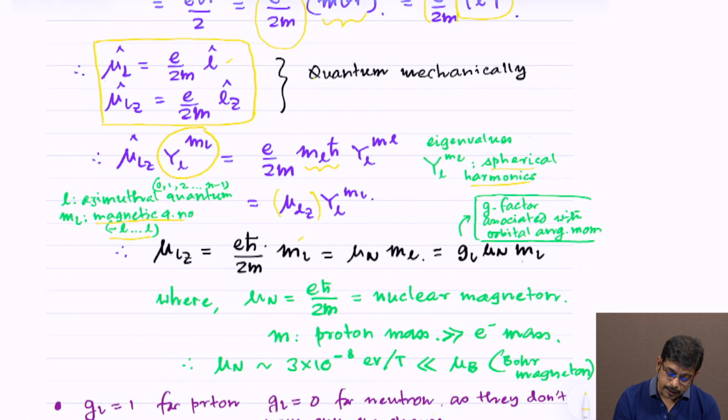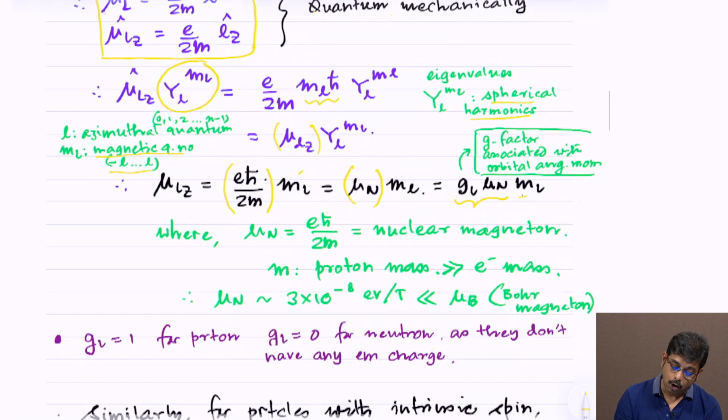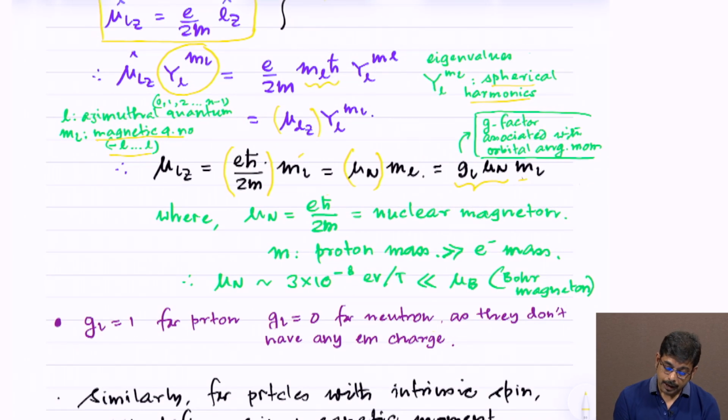You can also define this quantity e h cross by 2 m as what you call the nuclear magneton for nuclear physics, or the Bohr magneton for atomic physics, and so on. And so, you can also write that this mu Lz is nothing but g L into mu N into m l, where this g is what is called the Landé g factor, or the g factor associated with the orbital angular momentum, right.